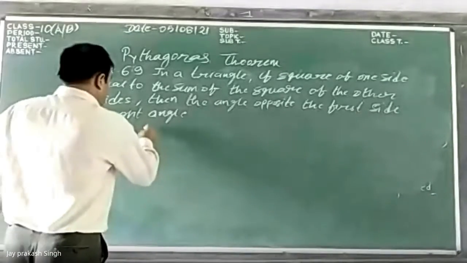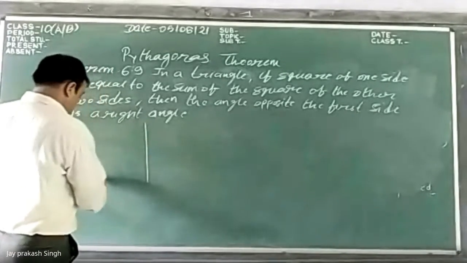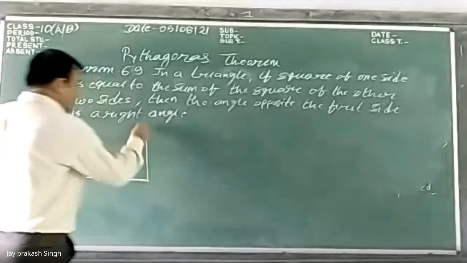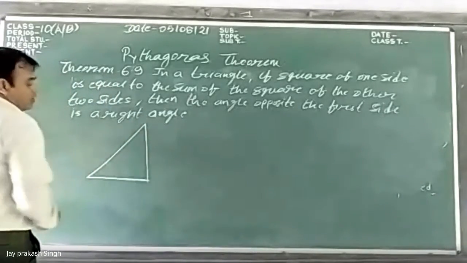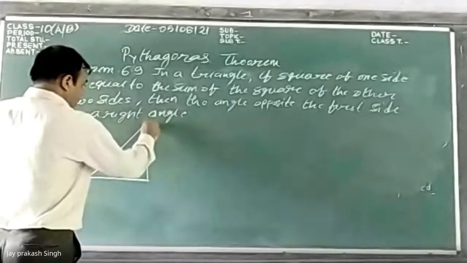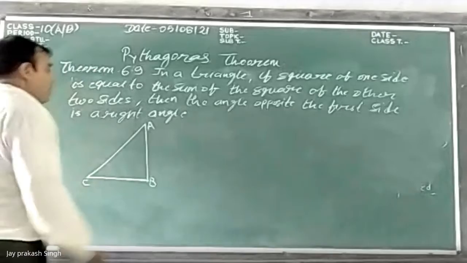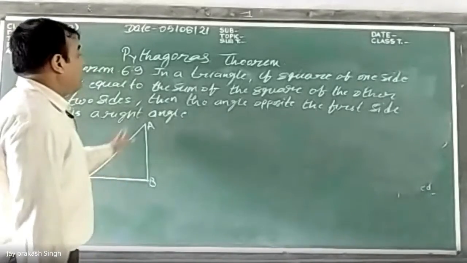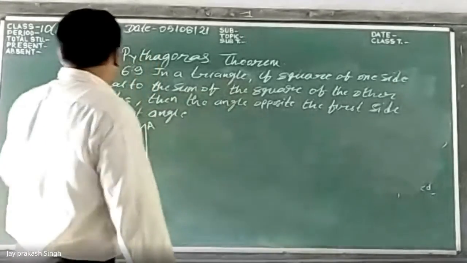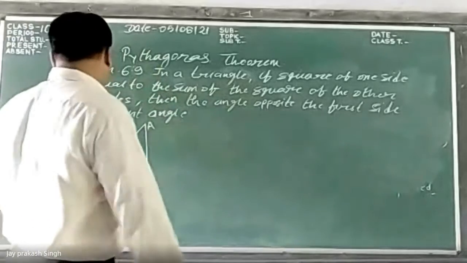Let the triangle be here. Not a right angle triangle, I have taken a triangle ABC in which it is given that the square of one side is equal to the sum of the squares of the other two sides.